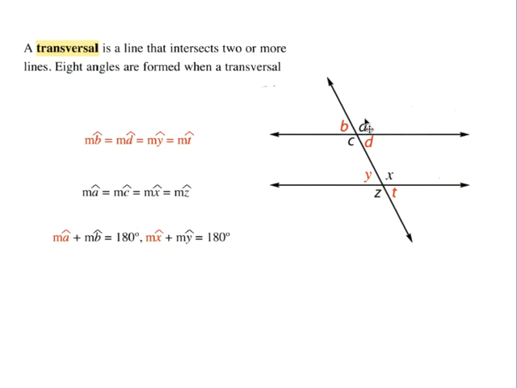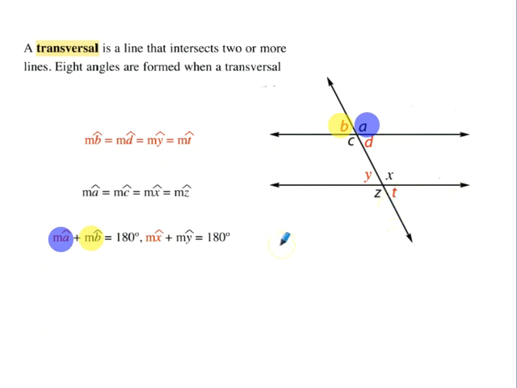the sum of an acute angle and an obtuse angle is all the time 180 degrees. So angle A plus angle B equals 180 degrees.